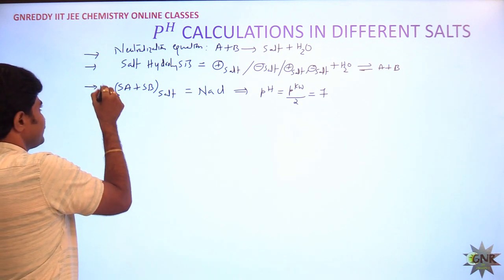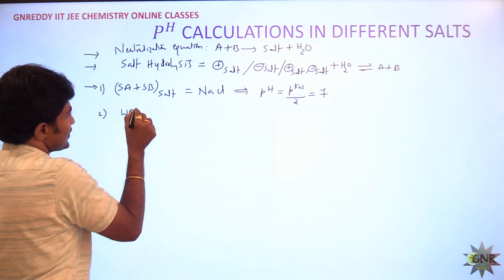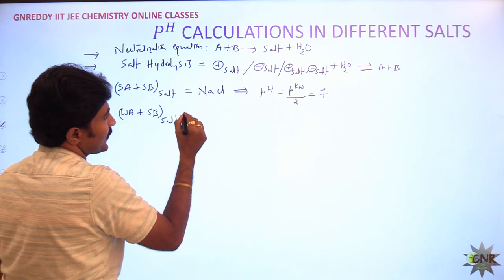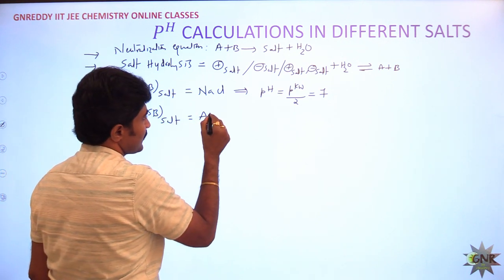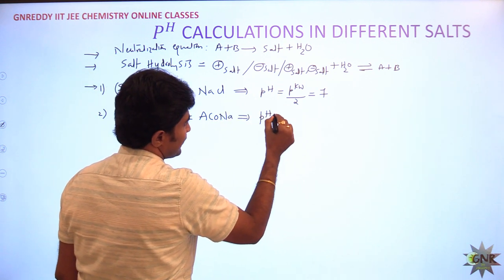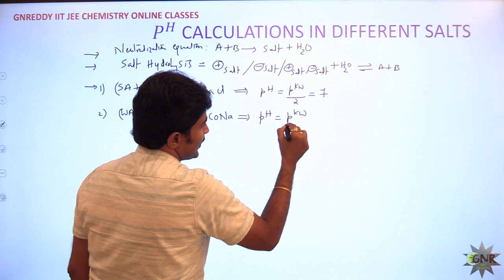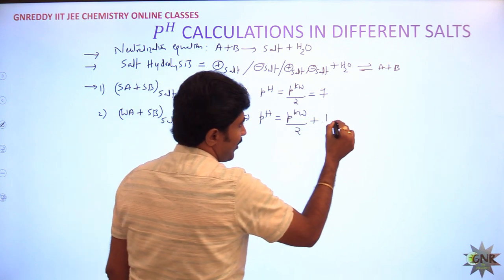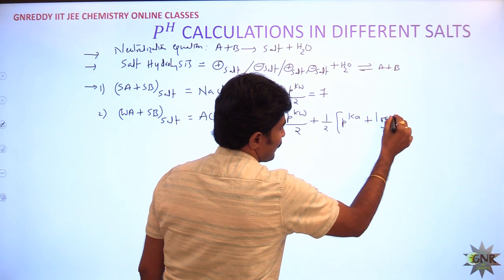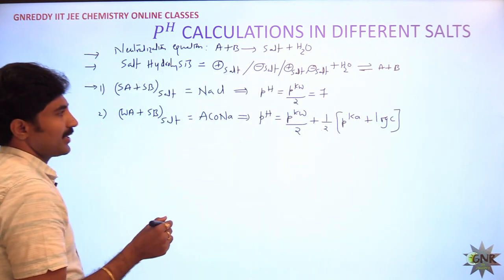Suppose you take the weak acid versus strong base salt, that is the sodium acetate model. Here pH is calculated by pKw by 2 plus half into pKa plus log C. By this you can calculate.